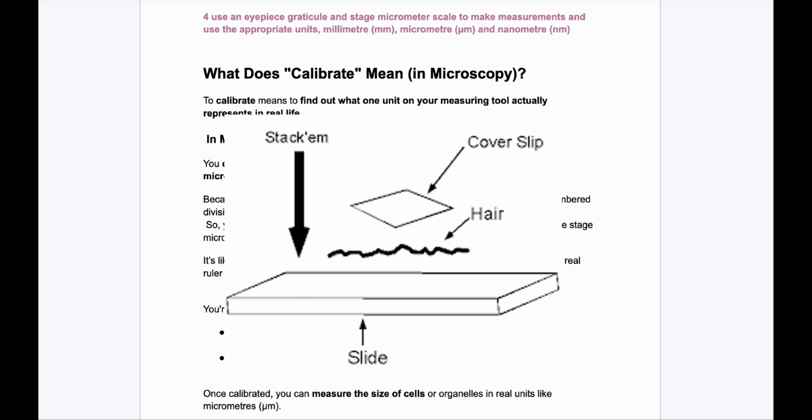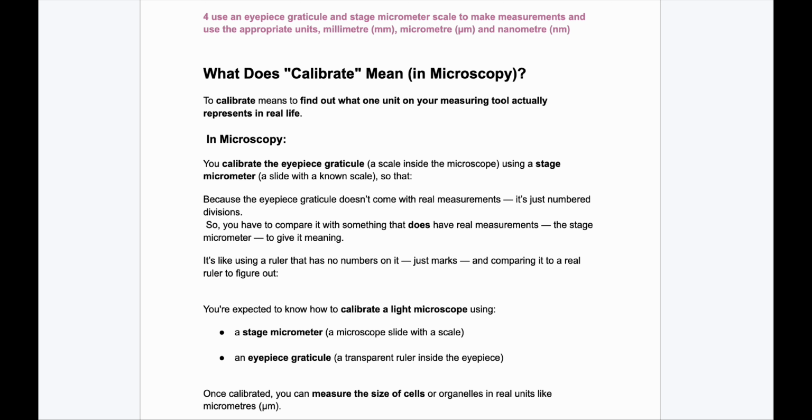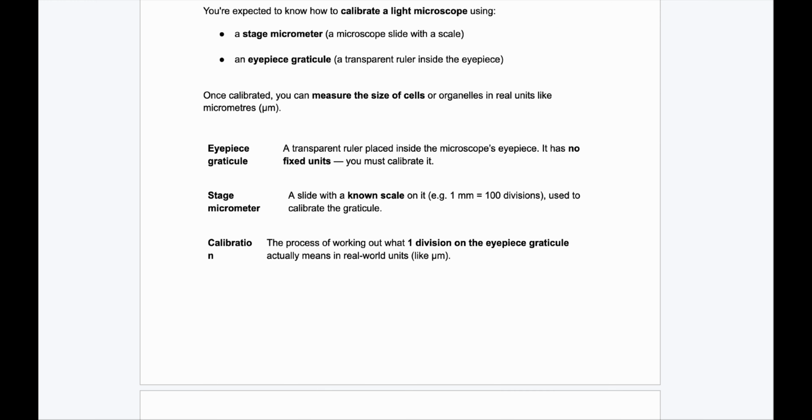Because the eyepiece graticule doesn't come with real measurements, it's just lines on a ruler, you have to compare it with something that does have real measurements, and that is the stage micrometer scale. It's like using a ruler that has no numbers on it, just marks, and comparing it to a real ruler to figure it out. You must calibrate it.